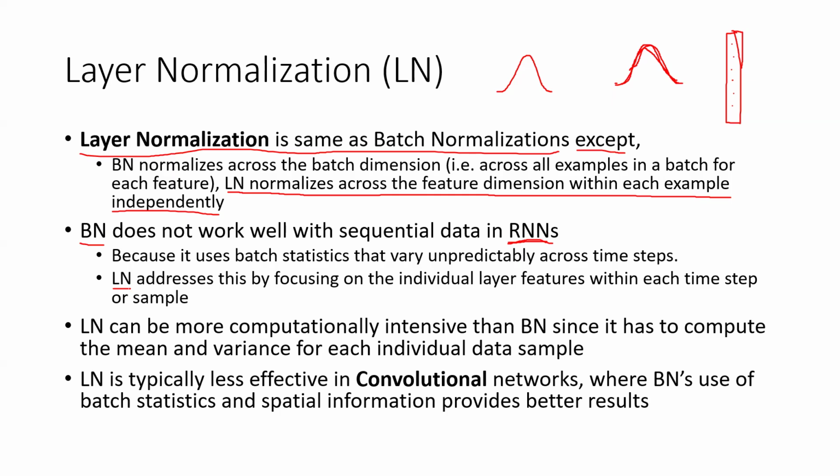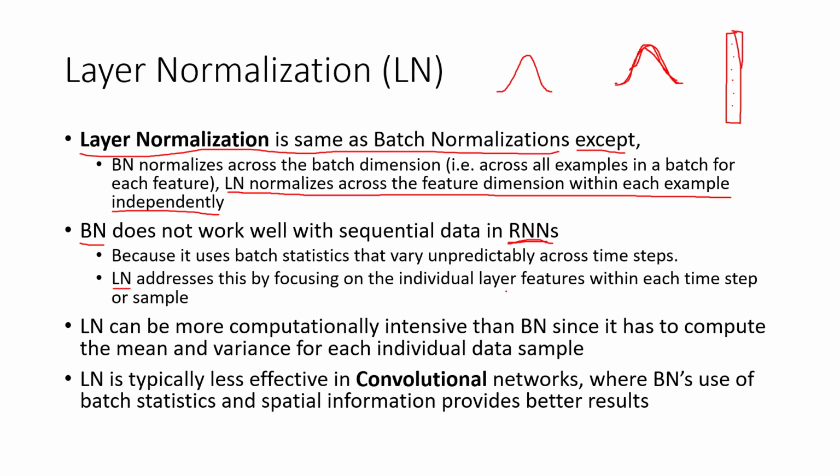So in layer normalization, you don't have to think about the batch, but you are thinking about the individual layer independent from the data set, right? So you are trying to normalize the features in the layer in each time step. You don't have to think about the whole data set, but about the layer features in each time step, or each example, or sample data point.